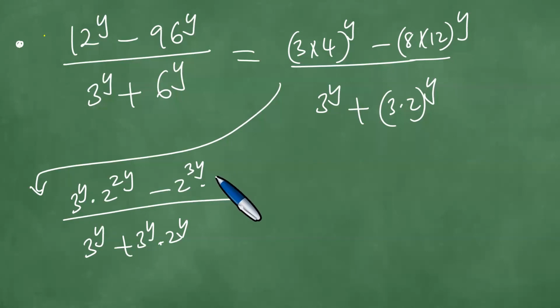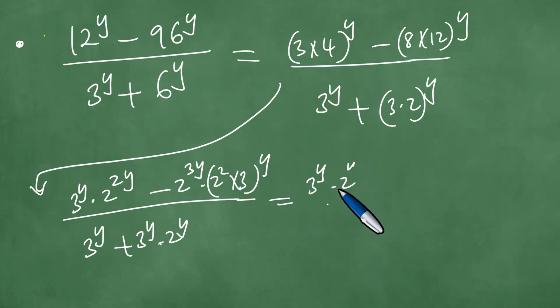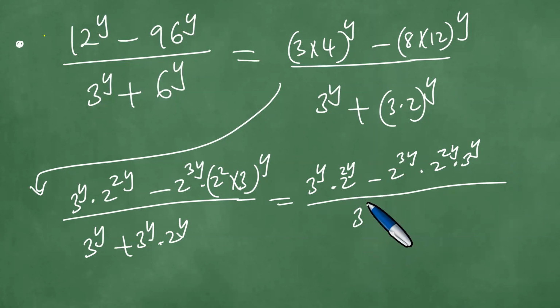The 12 is 4 times 3, which is this. So this is 3 to the y, 2 to the 2y, and 3 to the y times 2 to the y.